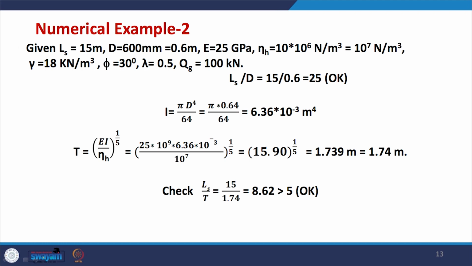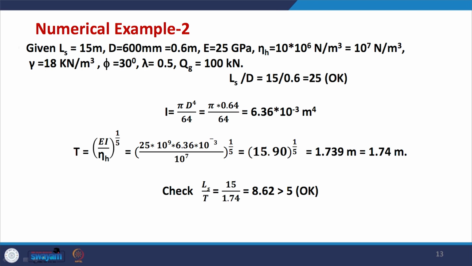So, what is the first thing we find? Ls by D, that is the slenderness ratio of the pile, which is 25, that is ok. So, there is no problem, it is a cylinder pile, but still we need to check the value of Ls by T also, that should be greater than 5. Before that we need to calculate the value of T, relative stiffness factor, for that you require I, and I is pi d to the 4 by 64.